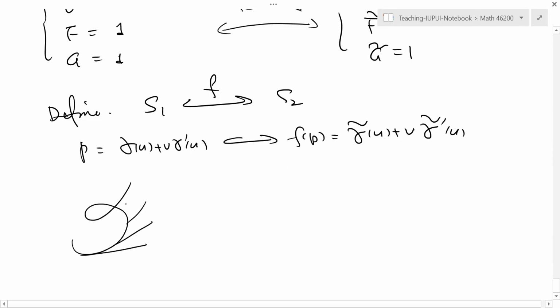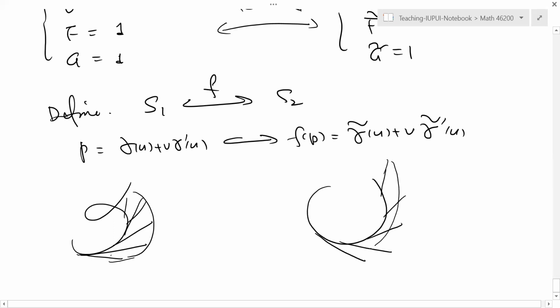This portion of the surface is assigned to this portion of surface. So this point is assigned to this point, but this is flat.